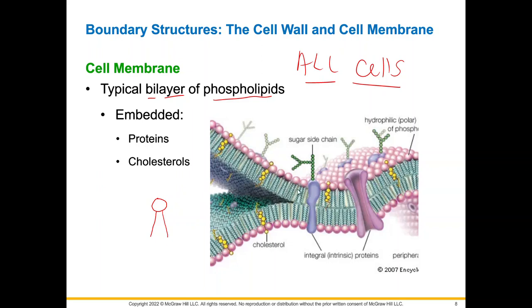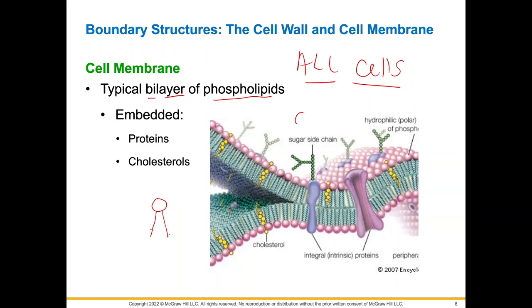So we see one layer up top, a second layer on the bottom, and the tails are going to face each other, and they'll be sandwiched together by the two layers of the heads that would be facing the inside or outside of the cell.